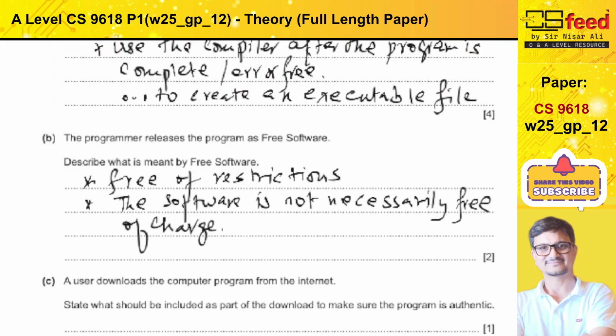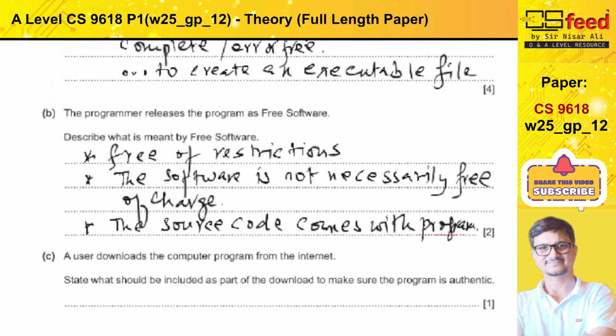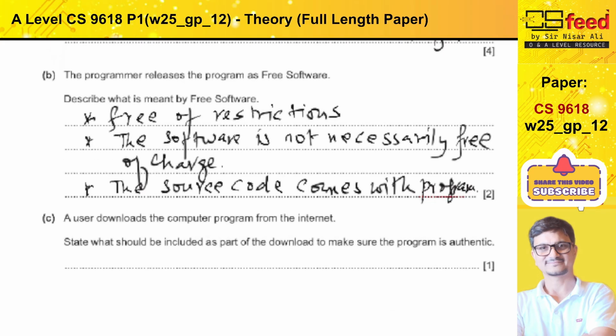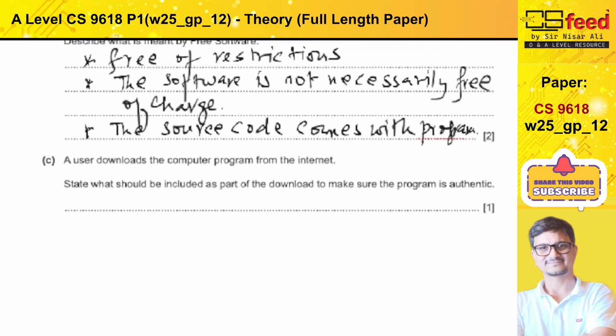One very important point is that the source code comes with the program. This is the important aspect of free software. So the user can edit the source code, add their own functionality, and modify it to suit their needs.